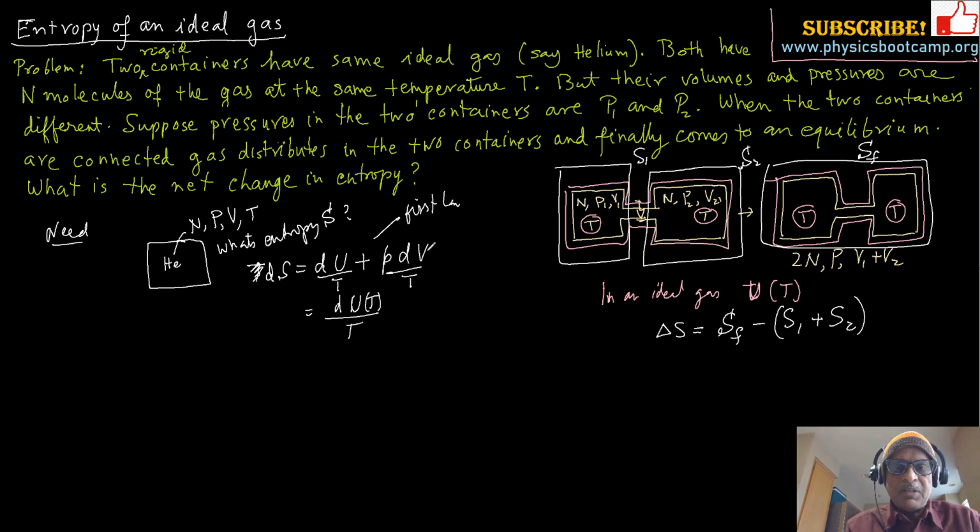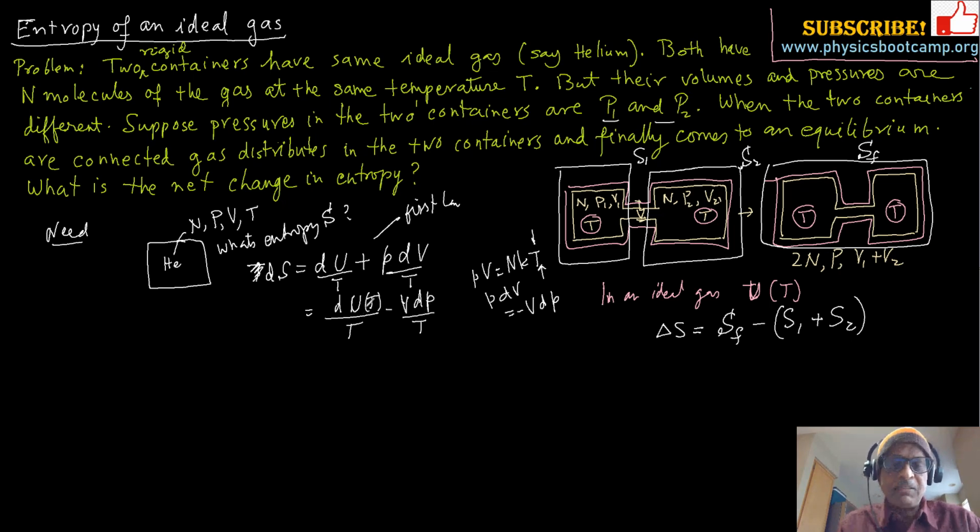So P dV over T, you can say PV equals NkT. So if the T is not changing, then P dV will be minus V dP. So this you can write down as minus V dP over T, because things are given in pressure, so I just want to write down pressure. We're going to keep working with volume, but I'm going to change pressure.